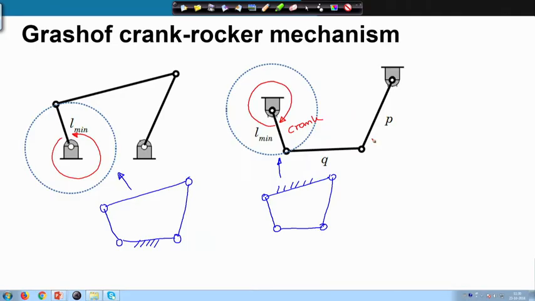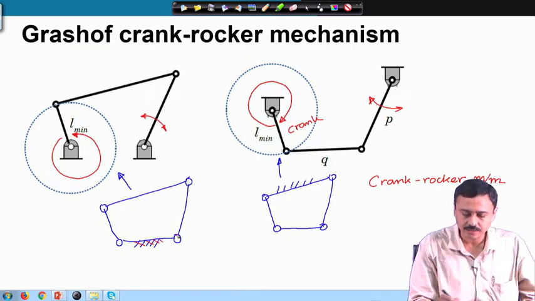The other links will only rock here or here. Therefore, this mechanism is known as a crank rocker mechanism. So, here we have a crank rocker mechanism if I fix either this link or this link.